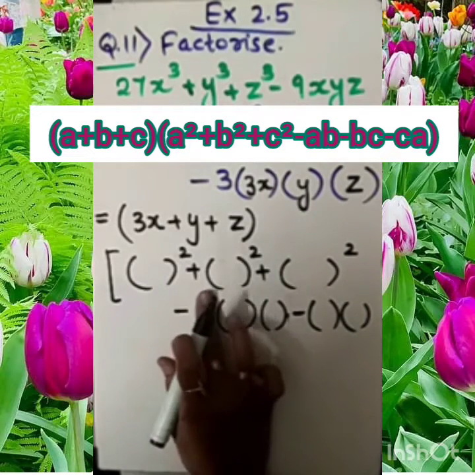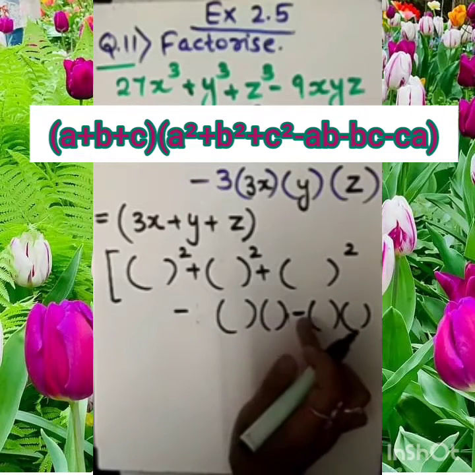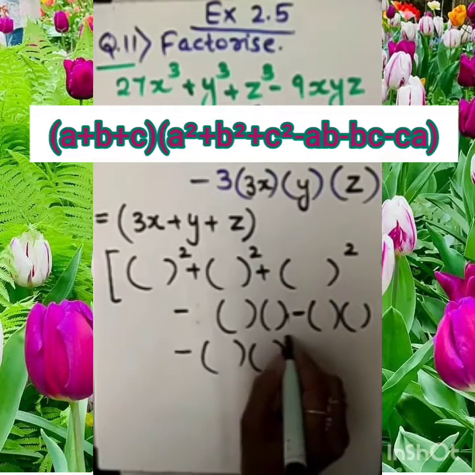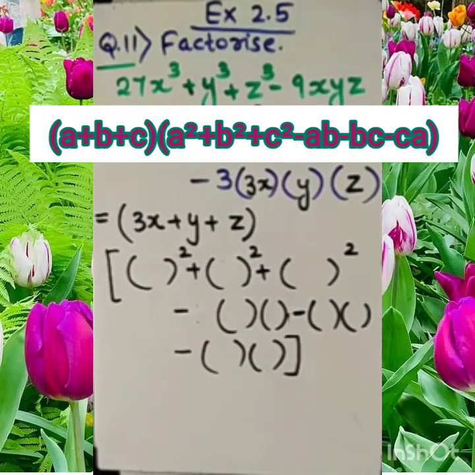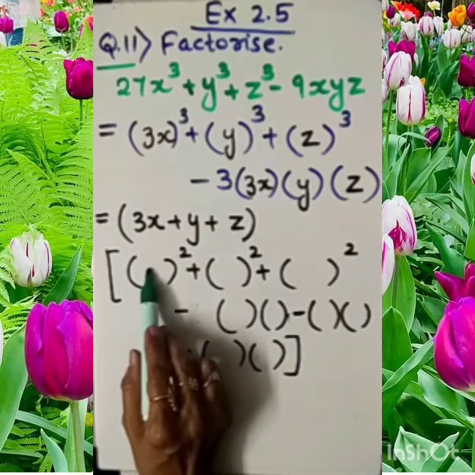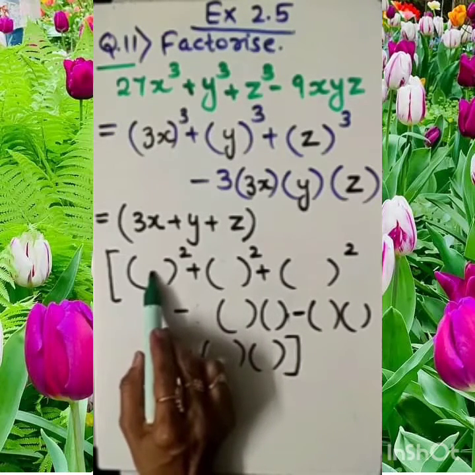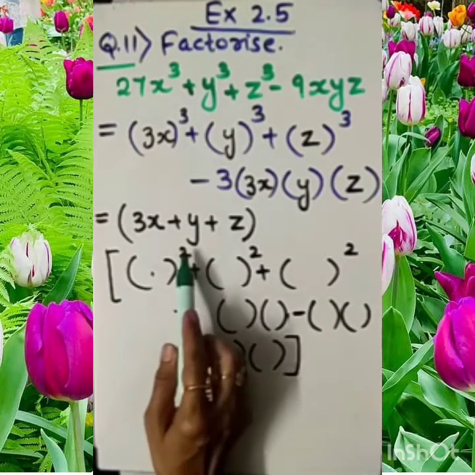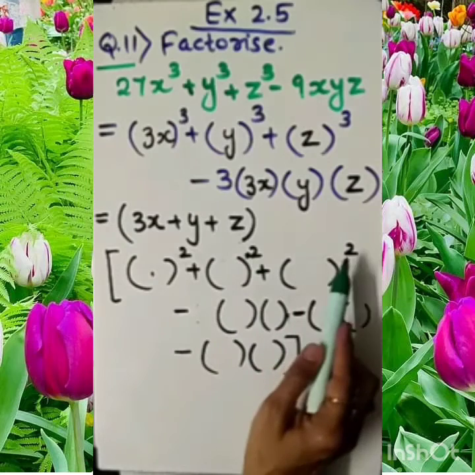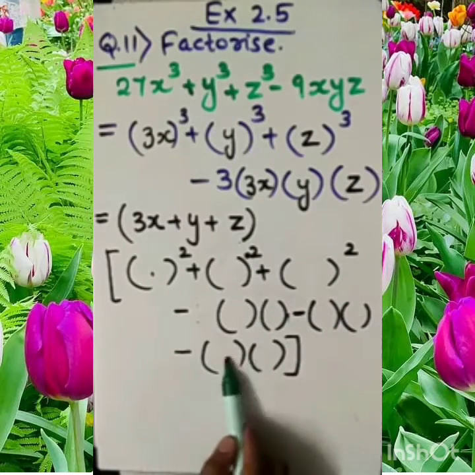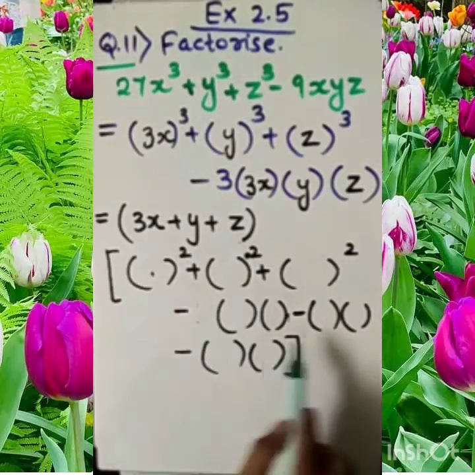Here it is only xy, second term and third term yz, and zx. Once again I am explaining. Look at your screen. You can consider xyz also. Then x square plus y square plus z square in another bracket, minus xy minus yz minus zx. Right? This we need to write in another bracket.